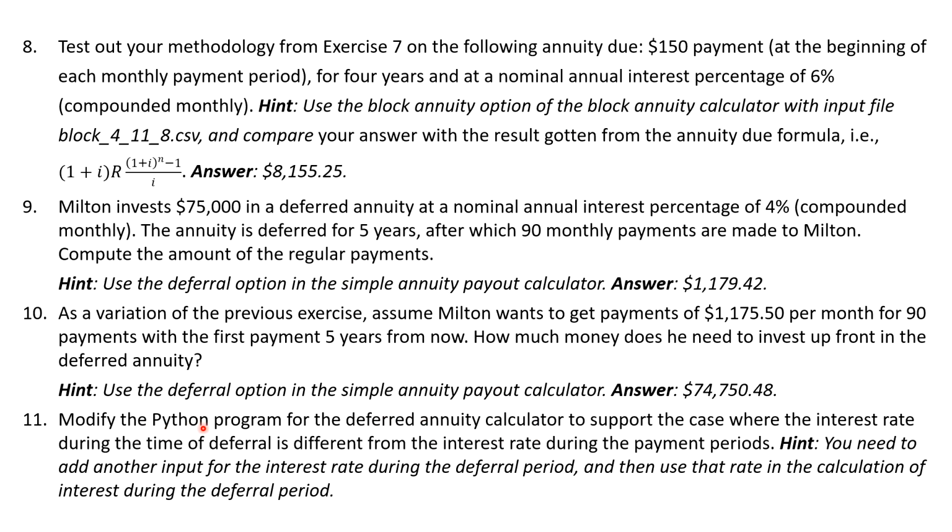So if you want to play around with Python programming, you can take this calculator and update it to support the case where the interest rate during the deferral, in other words, the 5 years here, is different from the interest rate during the payments, in other words, the 90-month period in this example. You already have the code that does that here in this program. So you can try it on your own first, and then if you get stuck, you can look at the code from this calculator and play around with it.